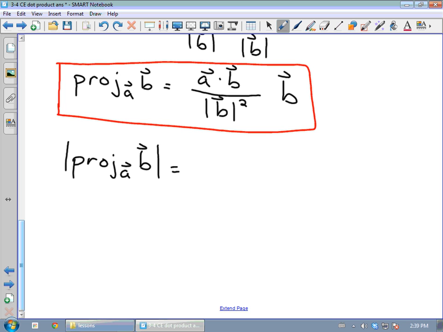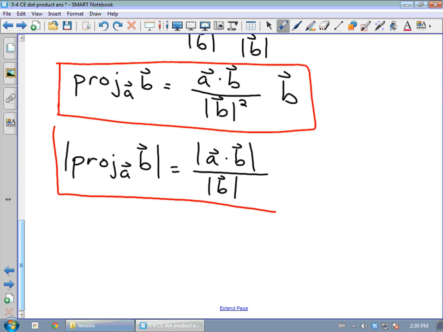Which is the magnitude of A dot B divided by the magnitude of B. So these are the two formulas that you basically need to know.